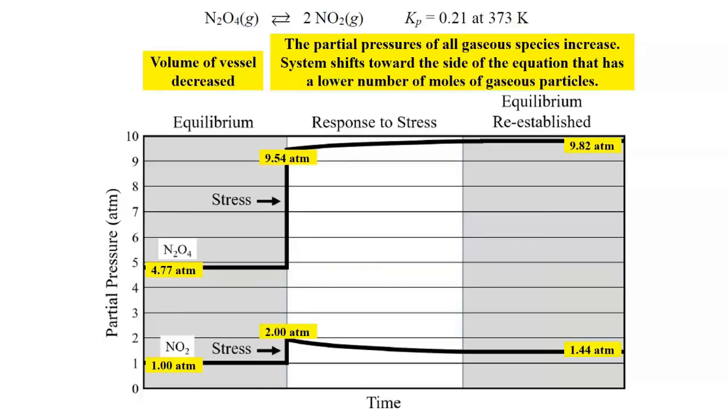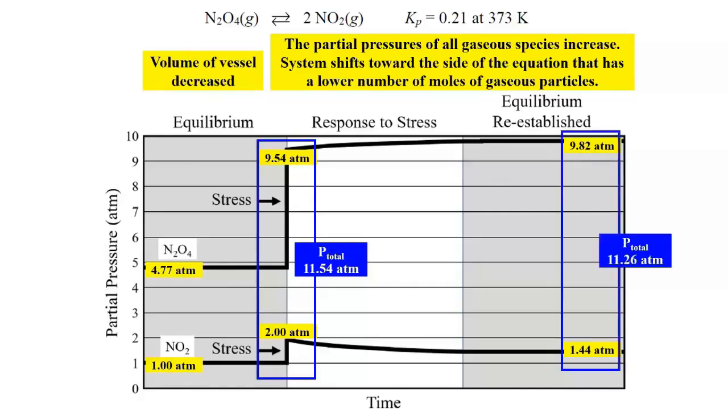Now watch what happens if you add the two pressures together. At the moment the stress occurred, it was 9.54 plus 2. So 11.54 was the total pressure. And now look at the new system. The total pressure is 9.82 plus 1.44, which is 11.26. So focus on those numbers that are on the slide there in blue. It was 11.54 at the moment the stress occurred, and now it's 11.26.